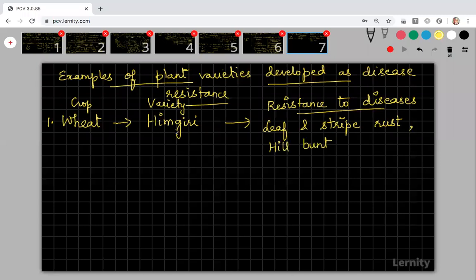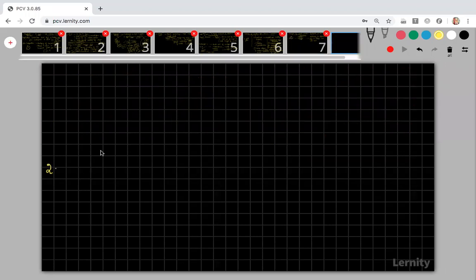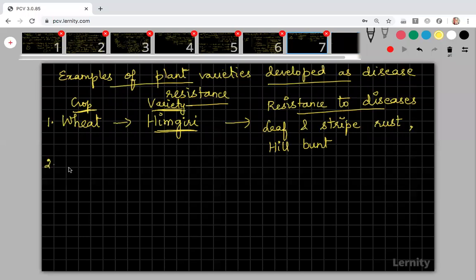So the Himgiri variety of wheat is resistant to leaf and stripe rust disease and also hill bunt disease. The second crop plant is Brassica.